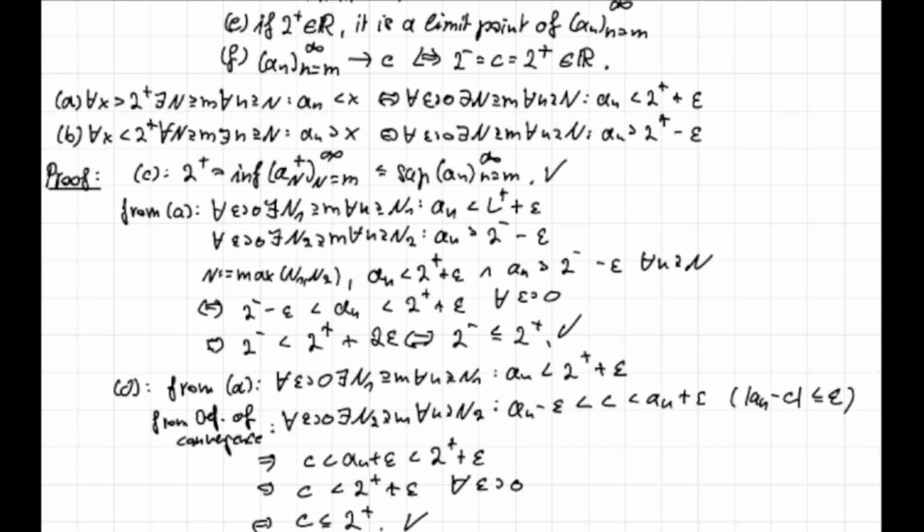The left to the right follows immediately from proposition 6.4.5 that just says if the sequence is converging to some real number C, then C is the only limit point of the sequence.